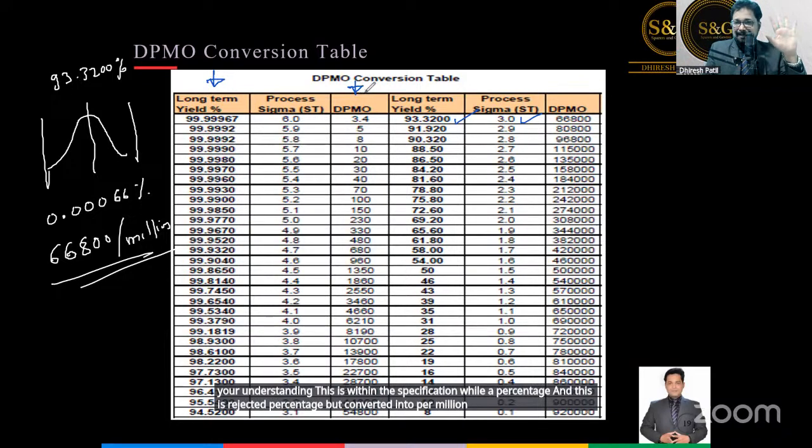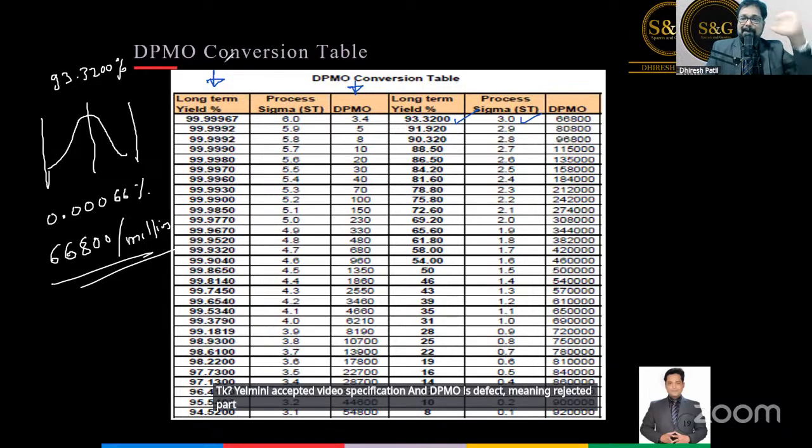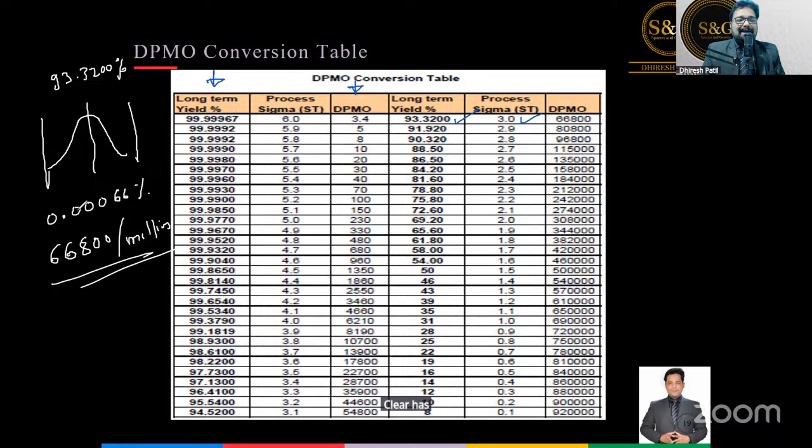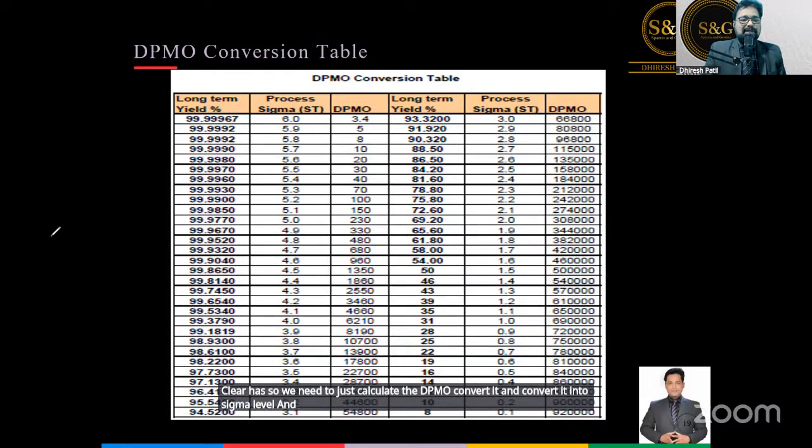Yield meaning accepted within specification and DPMO is defect meaning rejected part but converted into per million. Clear? So we need to just calculate the DPMO, convert it into sigma level, and that is our process capability analysis.